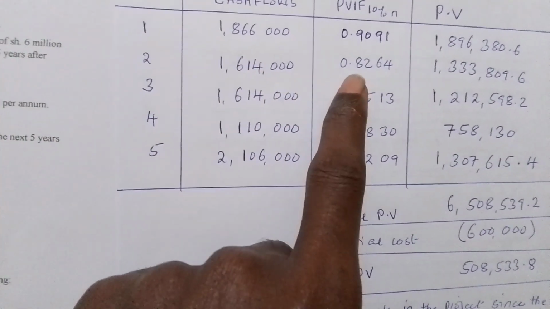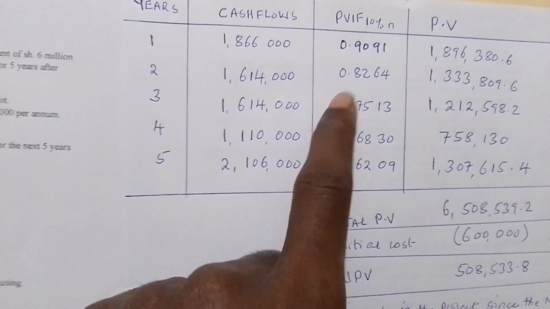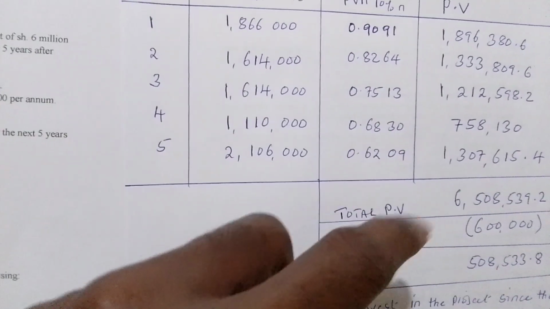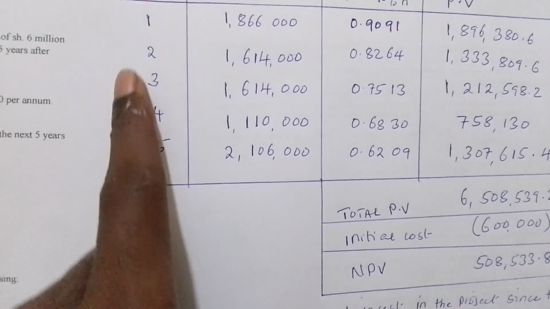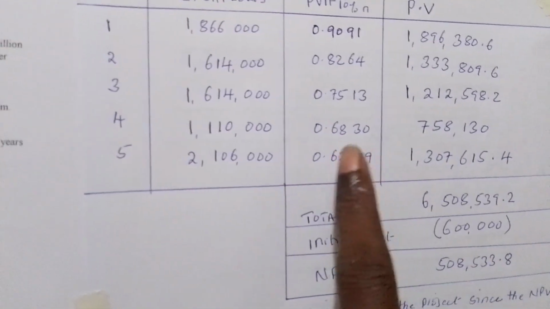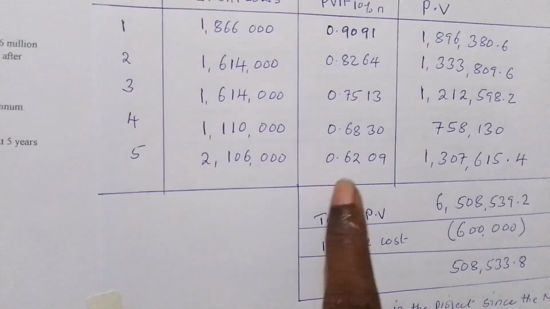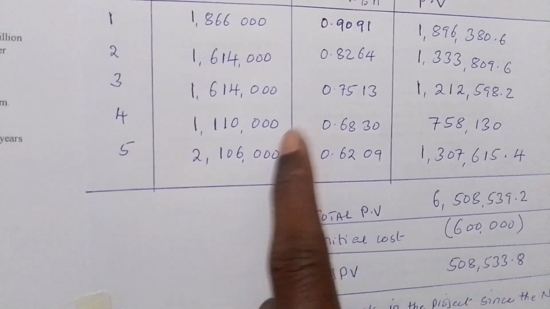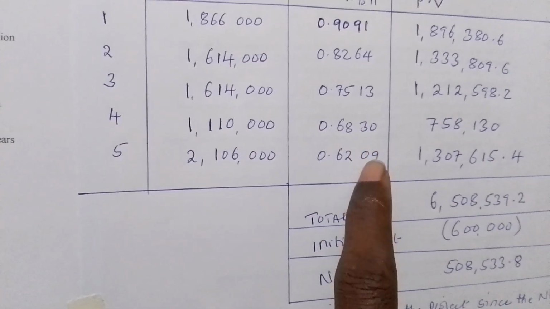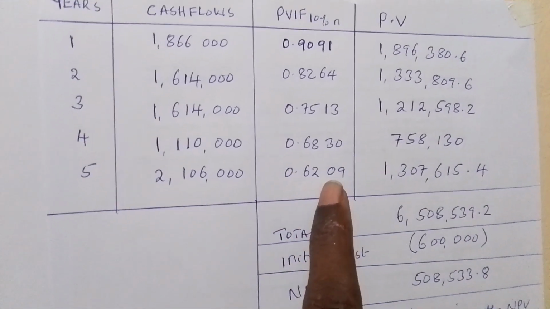To get 0.8264, you take 1 plus 0.1, close the brackets, raised to negative 2. Continue that way until the 5th row, where you take 1 plus 0.1, close the brackets, raised to negative 5, and you get 0.6209.